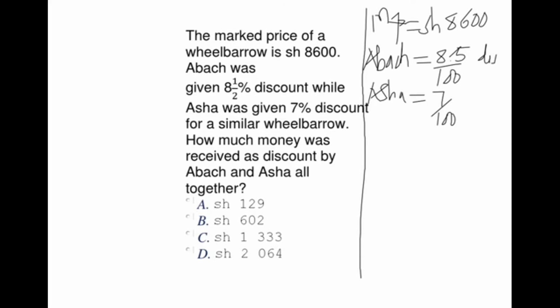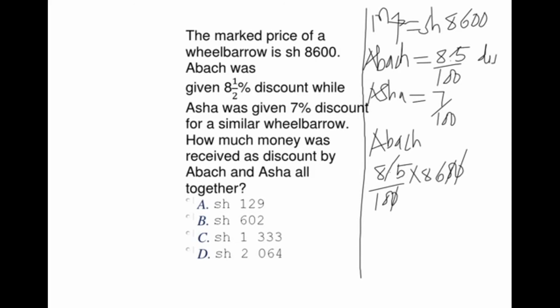So for a batch, we have 8.5% of 8,600. One zero goes with the decimal, then one zero goes with these.